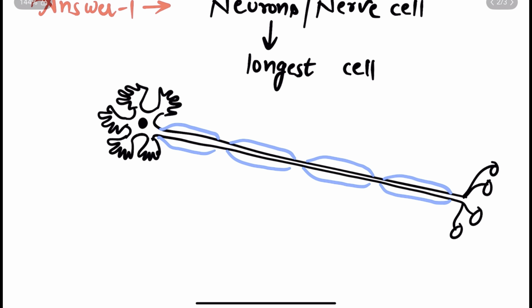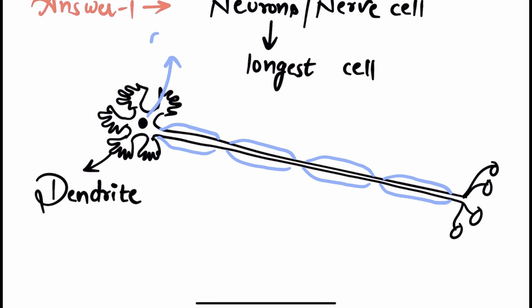So these hair-like structures you are able to see, these are dendrites. Right after dendrite, आपको दिखाई दे रहा है, this is the cell body. और cell body के center में you are able to see the nucleus, the director of the cell.